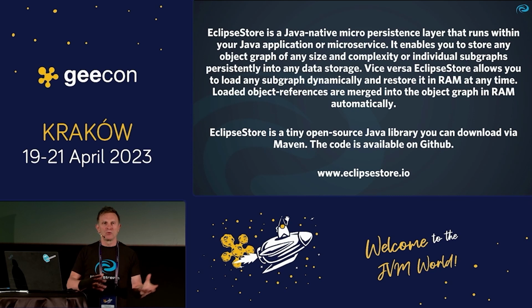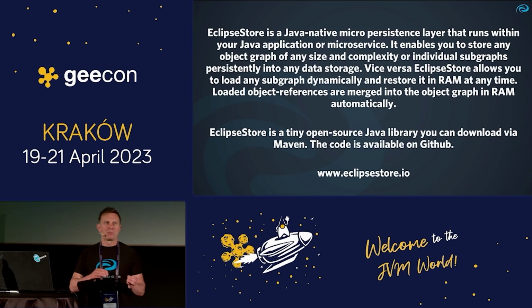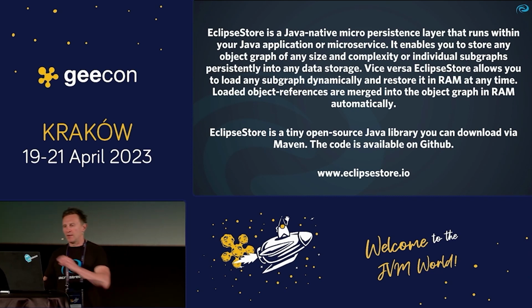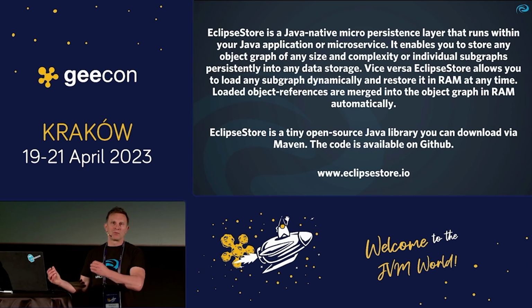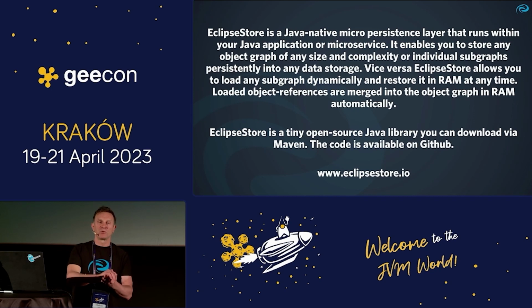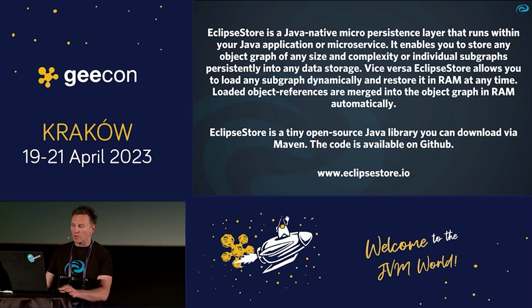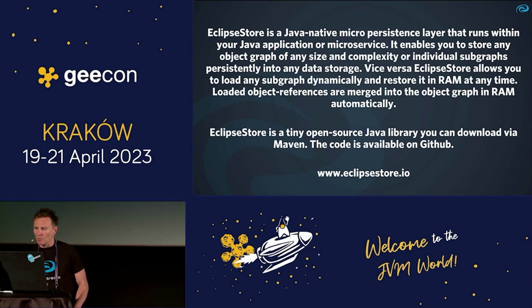And vice versa, it allows you to just load object references by calling a get method, and then the engine loads the subgraph into the memory and merges the subgraph directly into your object graph. So you don't have to deal with object copies anymore. This is, in a nutshell, what EclipseStore does. It's a tiny open source library. You can download it via Maven, and it will be available on GitHub soon under this EclipseStore.io website.